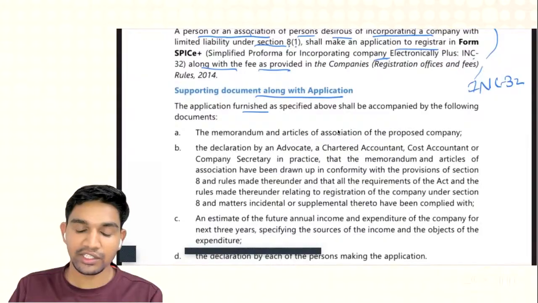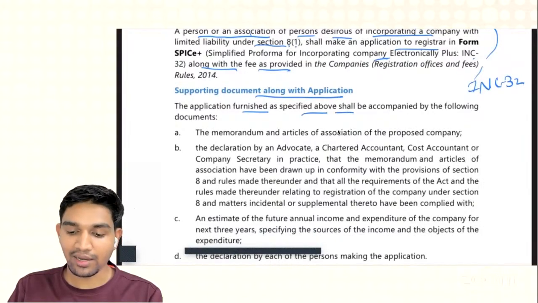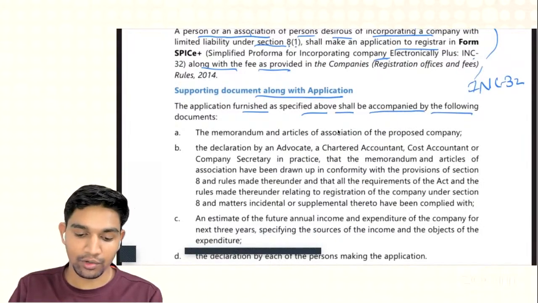Supporting documents along with the application. The application furnished as specified above shall be accompanied by the following documents.